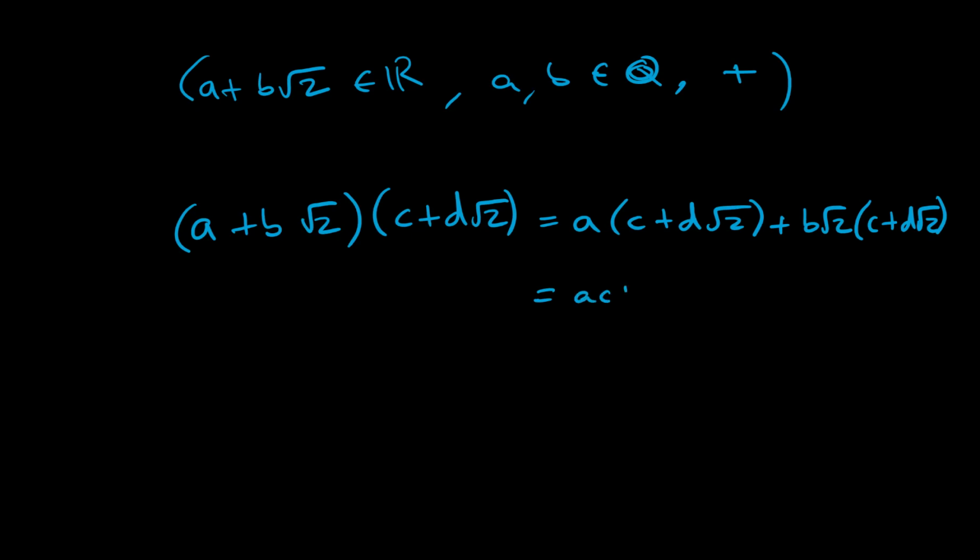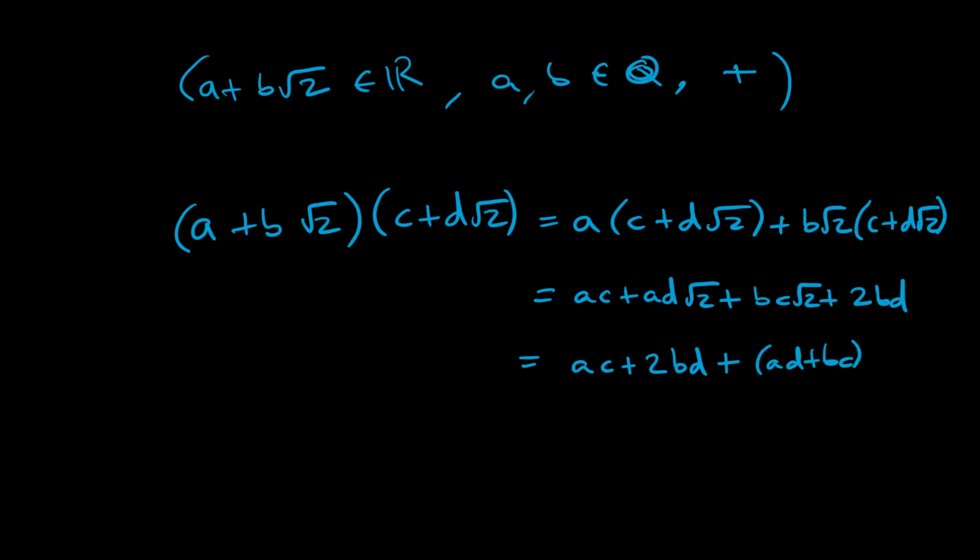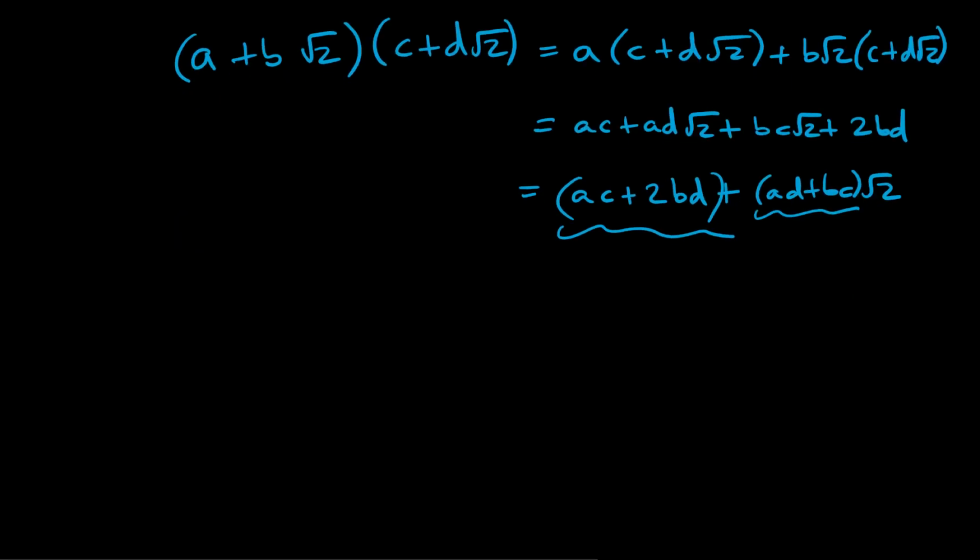That gives us ac plus ad root 2 plus bc root 2 plus 2bd, which is ac plus 2bd plus ad plus bc root 2. This is rational, this is rational, so clearly it has the same form when we do this sort of multiplication, and we have closure. So we only need to care about identity and inverse.